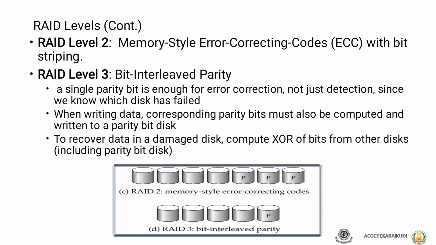RAID 3 is bit interleaved parity. Like RAID 2, RAID 3 is rarely used in practice. This RAID implementation utilizes bit level striping and a dedicated parity disk.